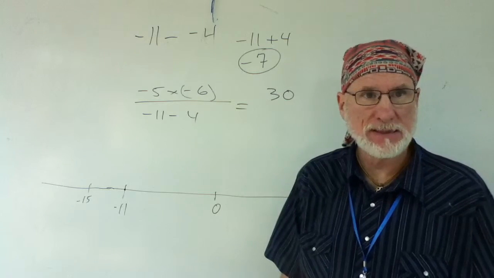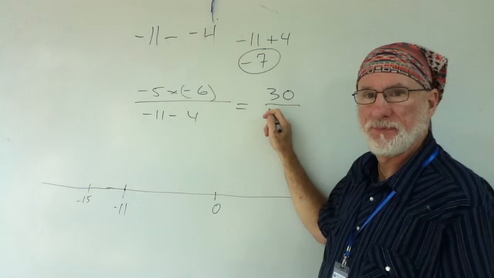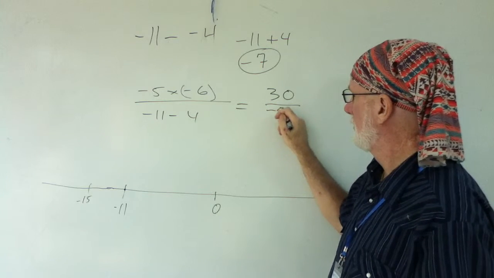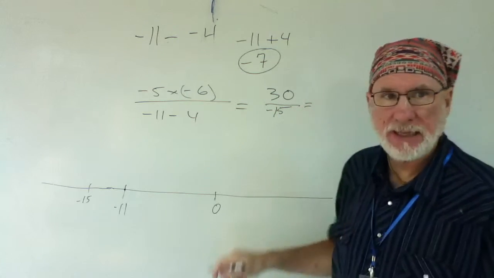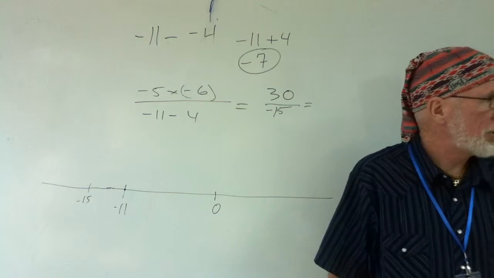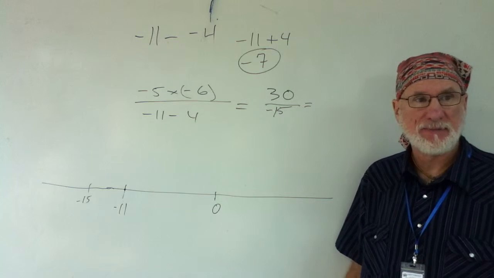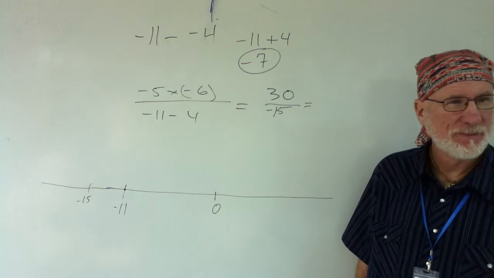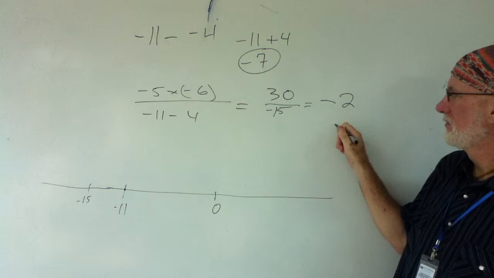All right, so this is going to be divided by what? We haven't finished the problem yet. Minus 15. So what is 30 divided by minus 15? Negative 2.